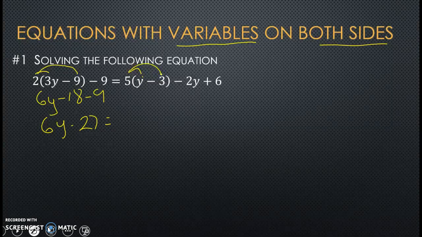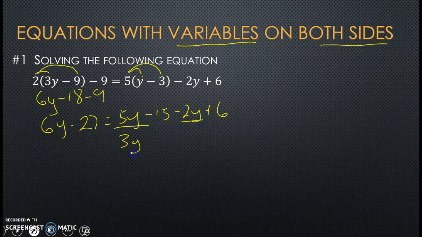I would take 5 times y is 5y, minus 5 times 3 is minus 15, and then we have the minus 2y plus 6. Well, we can combine like terms on this side. 5y minus the 2y is 3y, and negative 15 plus 6 is negative 9. So we have 6y minus 27 equals 3y minus 9.